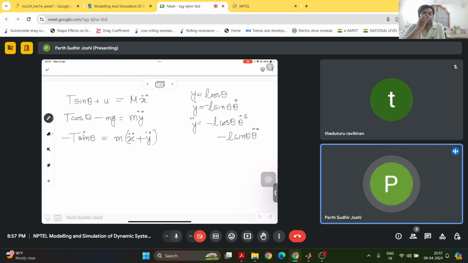So all those kind of terms we will get in the second and third equation. So we can simplify it to eliminate T by using various algebraic operations, like for example, we can just use the last equation and substitute for T from that, and then use that value of T in the other differential equation. So that should kind of serve our purpose.